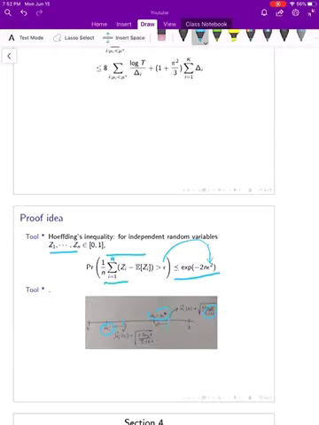Hence, this term goes to 0, and by the central limit theorem, for example, we know that mu_1 hat approaches mu_1.